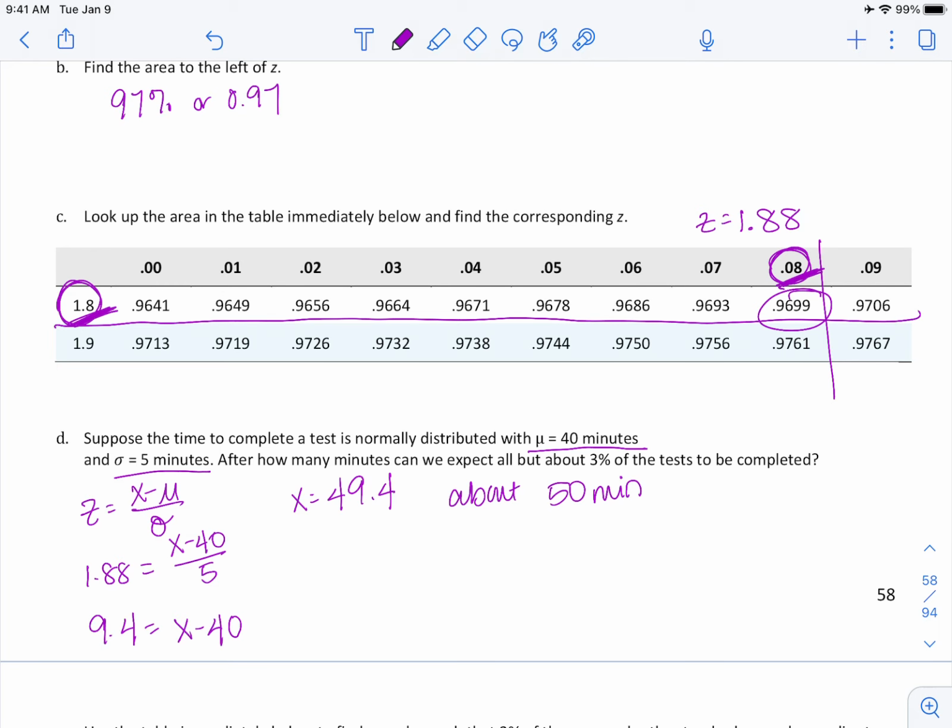Again, the other way we can do this, using the calculator, I can do inverse norm. My area to the left is 0.97. Mean is 40, standard deviation is 5, and this gives us 49.4, the same answer.